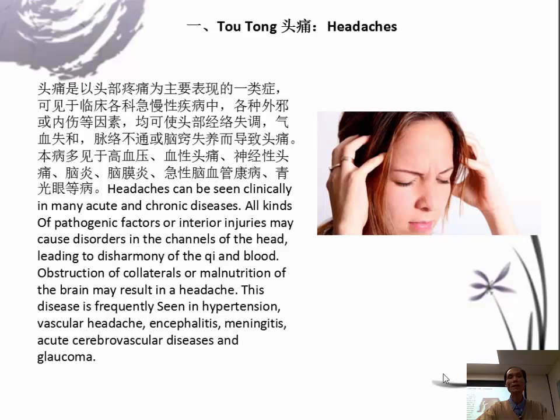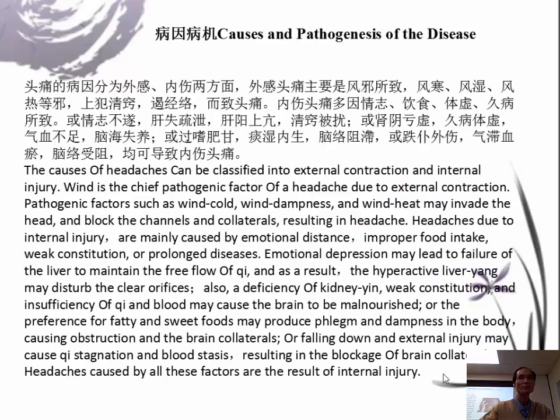Headache can also be found in many kinds of conditions, such as hypertension or what we call vascular headache, and sometimes common diseases such as Japanese encephalitis and meningitis. Even some people who suffer from eye disease, such as glaucoma, get headaches, because of the balance of pressure. If the eye has high pressure inside the eyeball, you get some kind of headache or even a nauseous feeling. So this is very common.